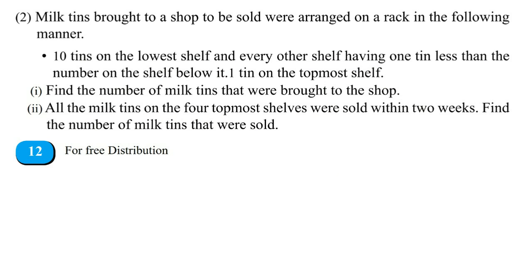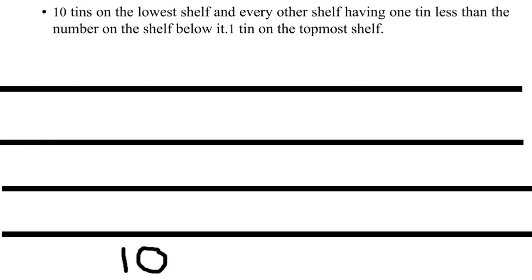Milk tins brought to a shop to be sold were arranged on a rack in the following manner. 10 tins on the lowest shelf, and every other shelf having one tin less than the number on the shelf below.